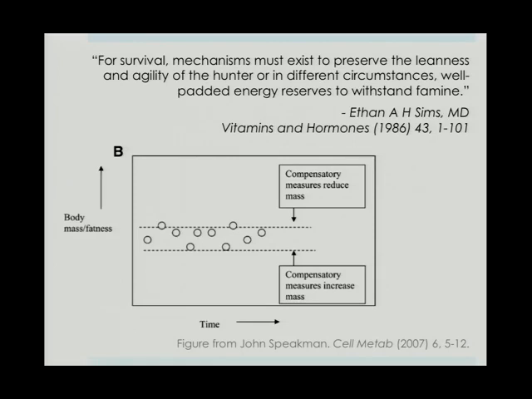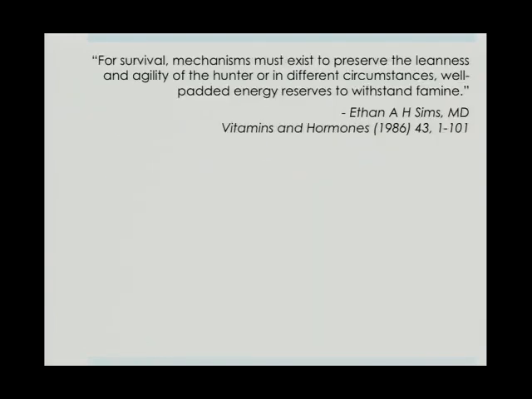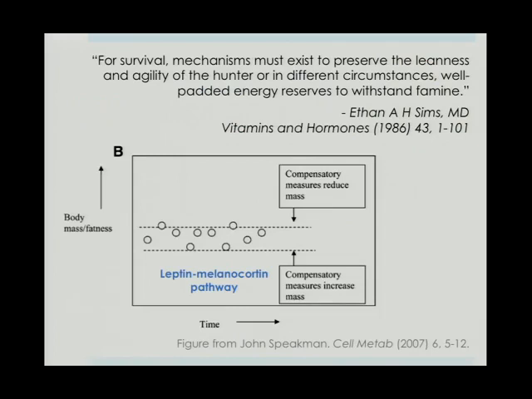However, humans, and let me tell you, sorry. So it's pretty well accepted that this compensatory measure for keeping us not too skinny includes the leptin melanocortin pathway, and that there is a catabolic signal of overfeeding that theoretically keeps us from gaining too much weight.